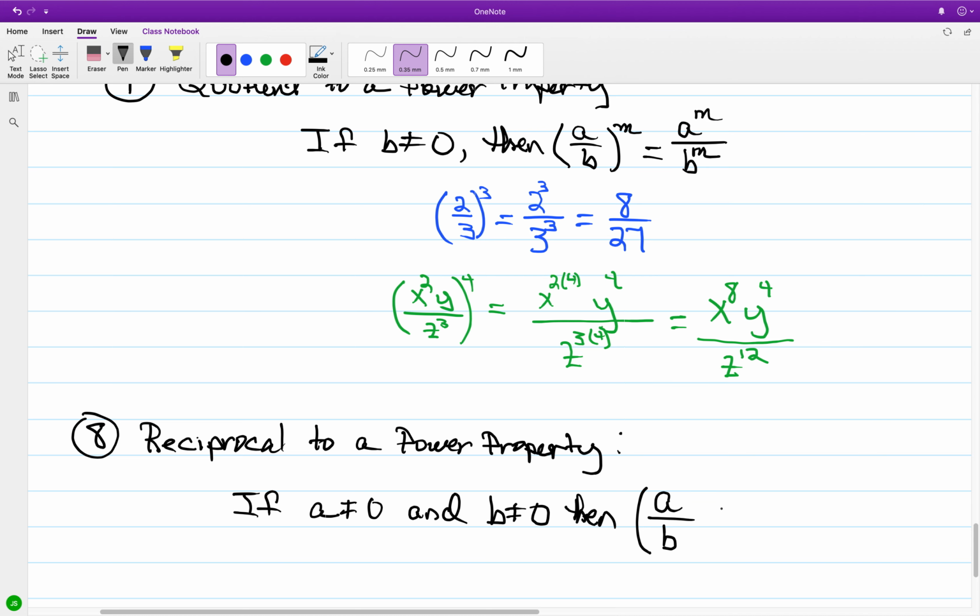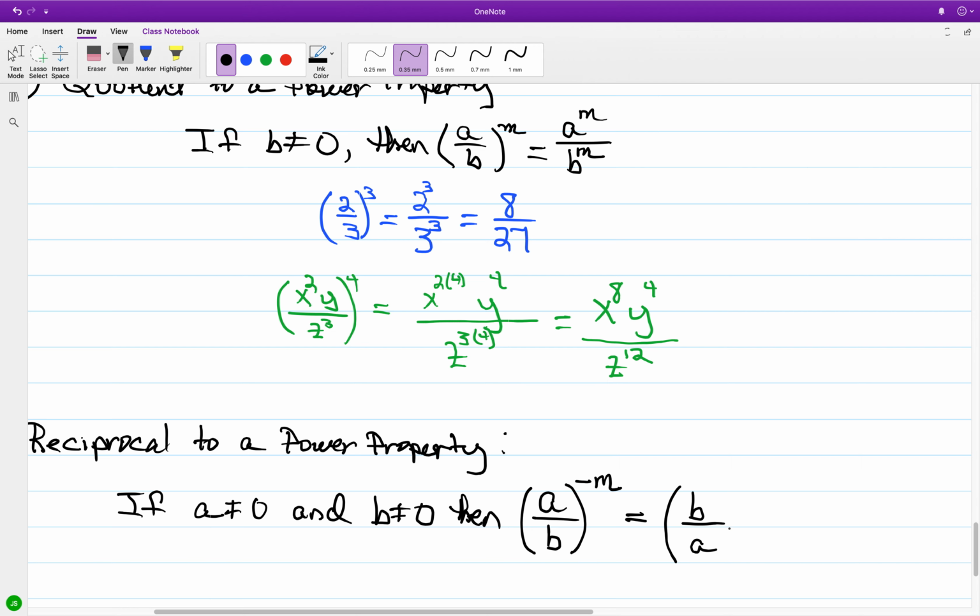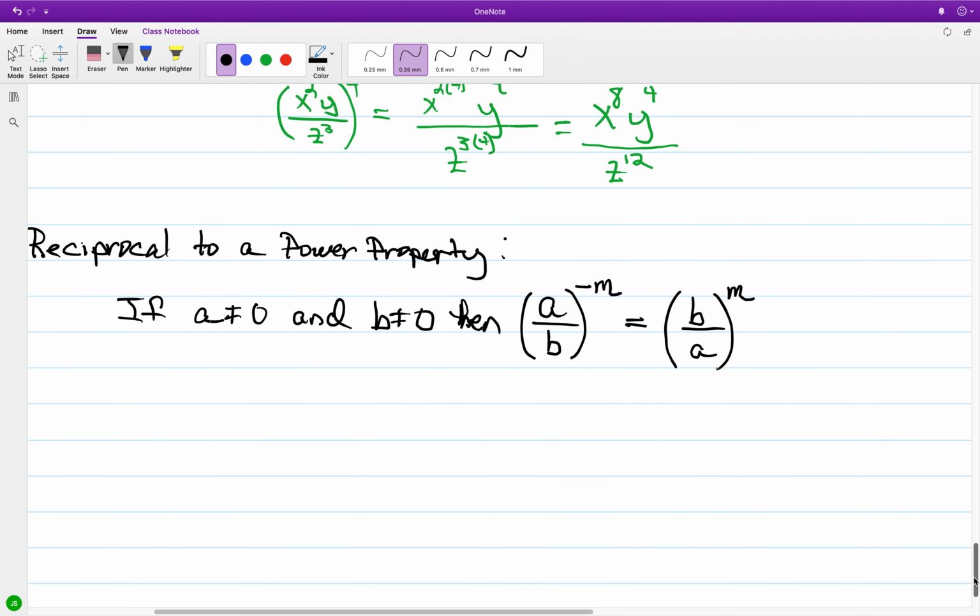Under these conditions, if you have a over b to the negative m power, and again, this property is just another application of the inverse power. If you have a base to a negative power, and I want to put this in positive power terms, you would just take the reciprocal. In this case, this would come out to b over a raised to the m power.